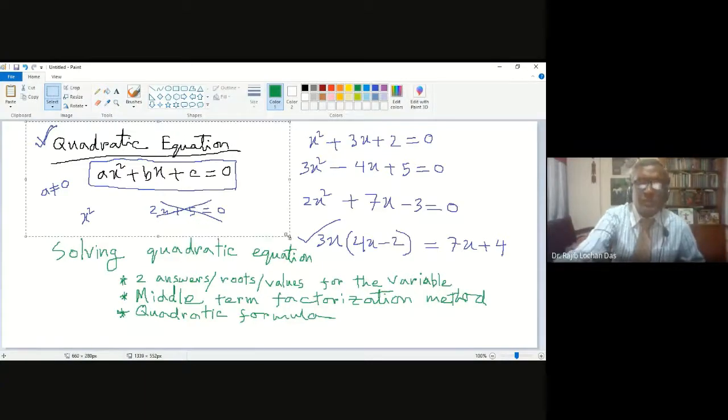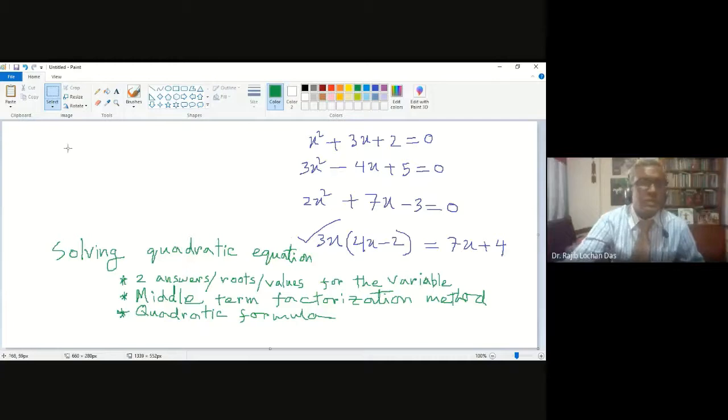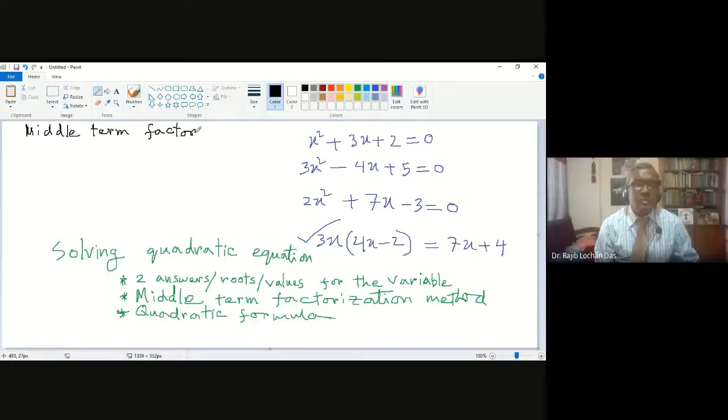Okay, so let me show the middle term factorization method first. If you want to use this for the first example, that is this one, x square plus 3x plus 2 equal to 0. So what to do?